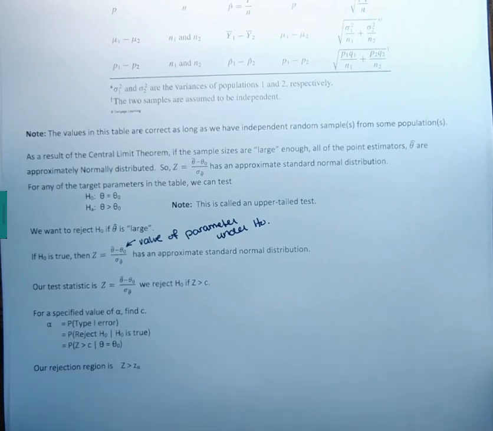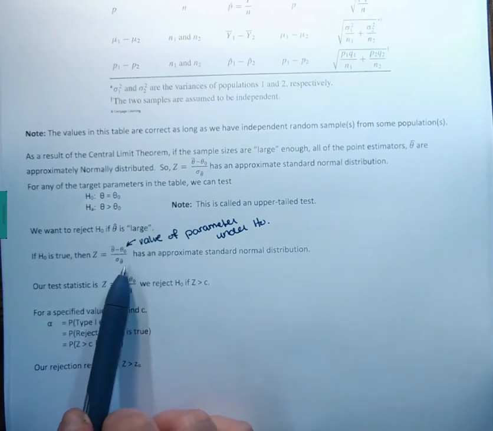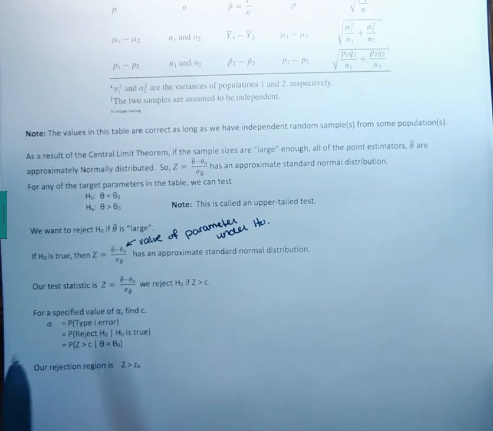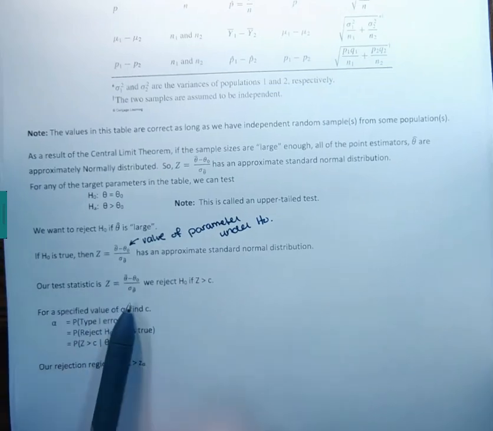This tells us how to expect the estimator to behave when the null hypothesis is true. Then we're going to define when our estimator is too extreme under that assumption. We know this is going to have a standard normal approximation, and this is the test statistic that we are going to use.